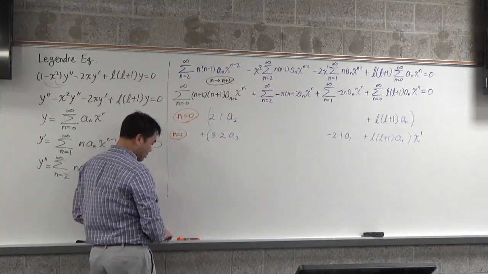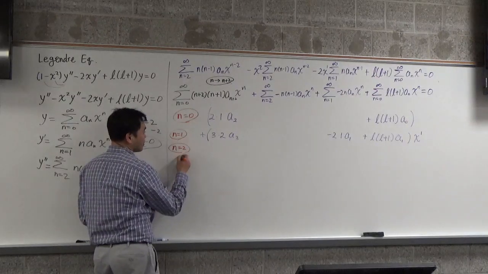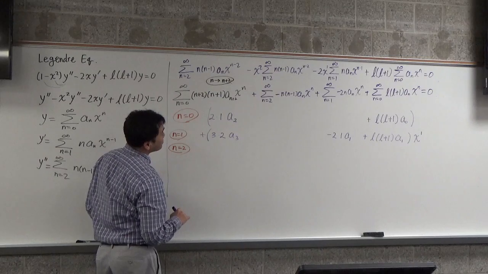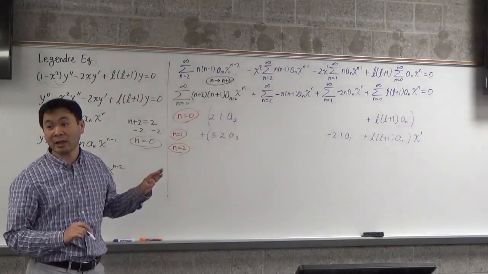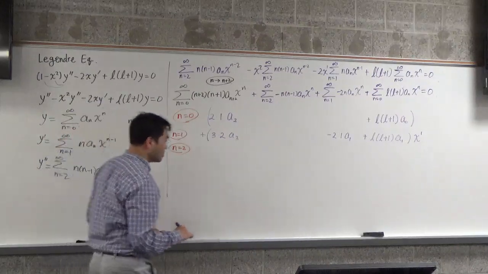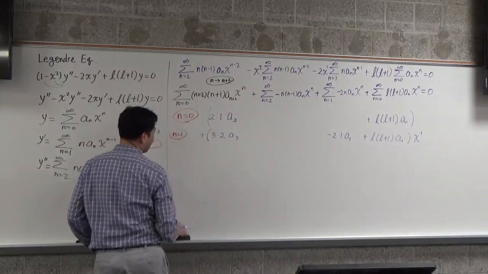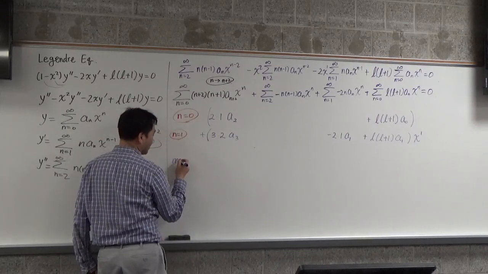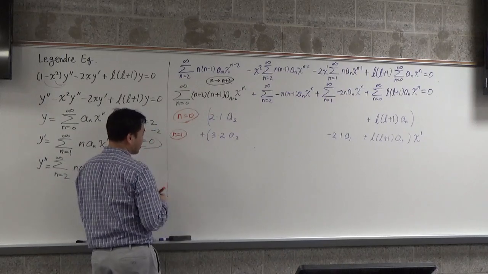Next, starting from 2 and afterwards, you have a common pattern, right? So we will not write n equals to 2, but rather just say 2 and afterwards, they follow this pattern. N is 2 or afterwards. I mean, you're consistent, all right?